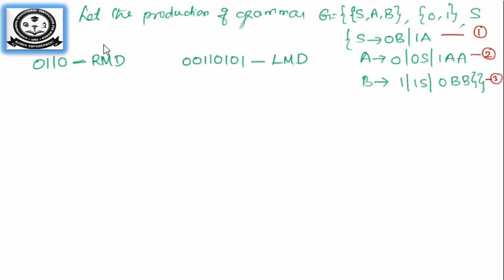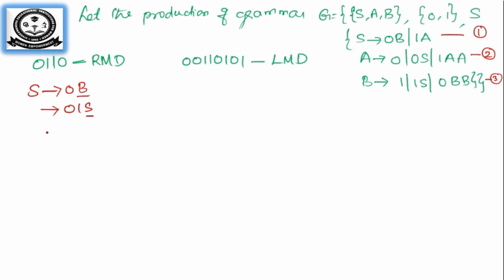I have to solve the first using RMD, and the second string using LMD, that is leftmost derivation. So first we will see RMD. We'll start with the starting symbol. S tends to 0B. Now instead of B, what I can substitute here is 1S. Okay, so 1S is there.